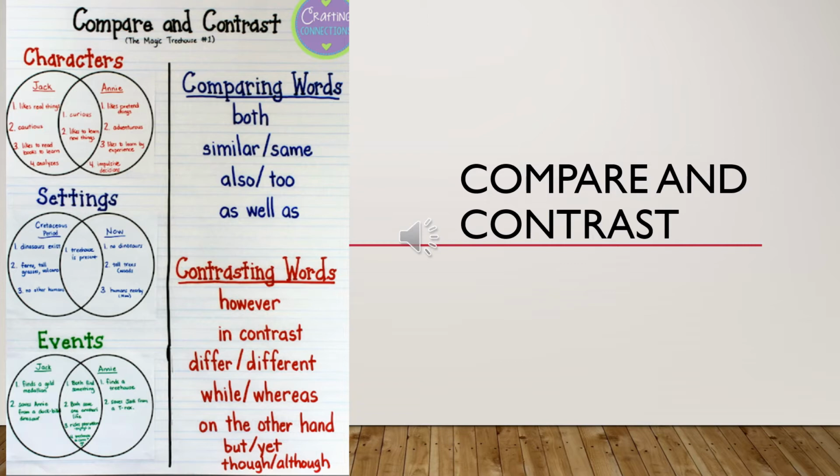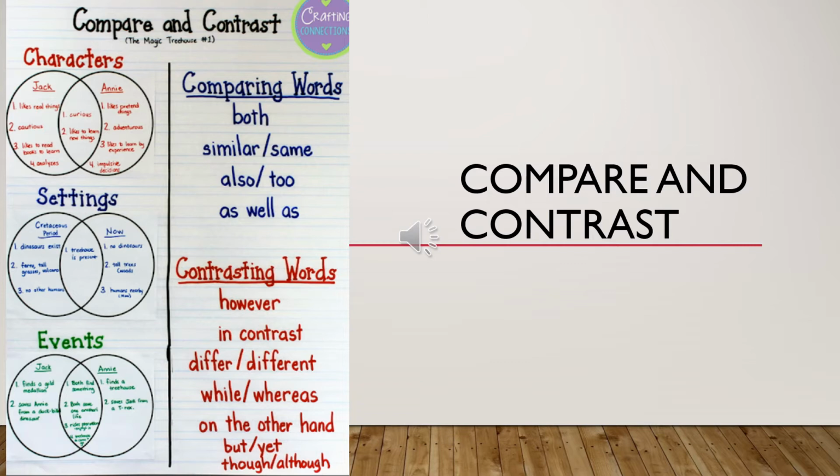But Jack is different than Annie in some ways. Jack is very cautious and he likes to read books to learn. Some things Annie is different from Jack is she likes pretend and she's very adventurous. Comparing the two is made easier by putting it into a Venn diagram.